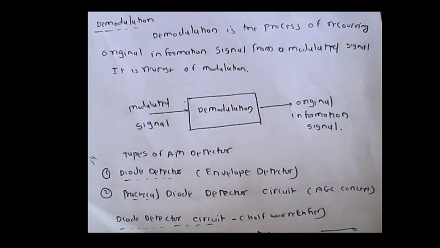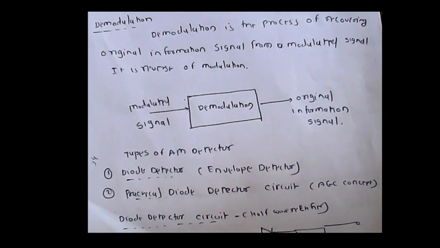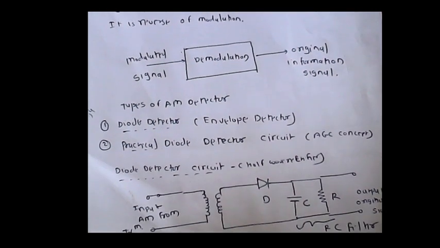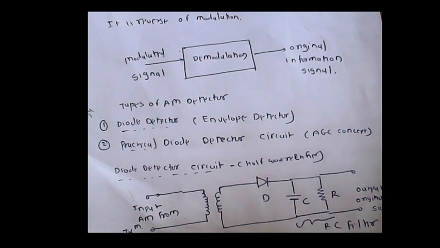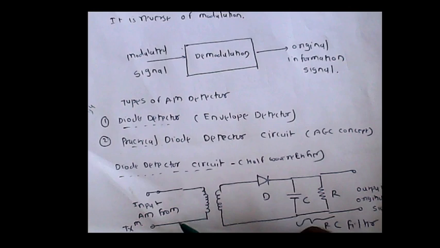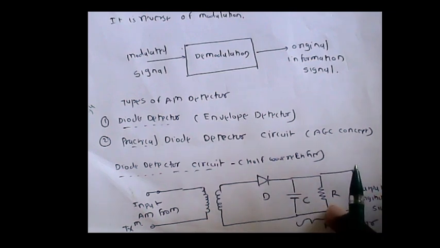First we deal with the diode detector circuit, which consists of a transformer, diode, capacitor and resistor. At the primary winding we apply the input modulated signal received from the transmitter, and the secondary winding consists of the diode, capacitor and resistance.